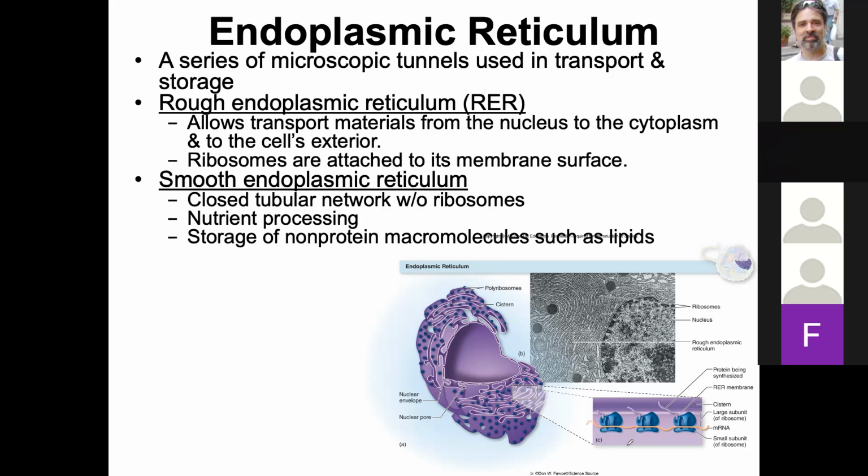The ribosomes on the surface extrude the proteins into the internal reticulum, and then it works its way to the end of the reticulum where transport vesicles pick it up and take it to the Golgi apparatus, right? The smooth endoplasmic reticulum is connected to the rough endoplasmic reticulum, but it is for nutrient processing and storage of non-protein macromolecules such as lipids, or in many cases, calcium. Okay.